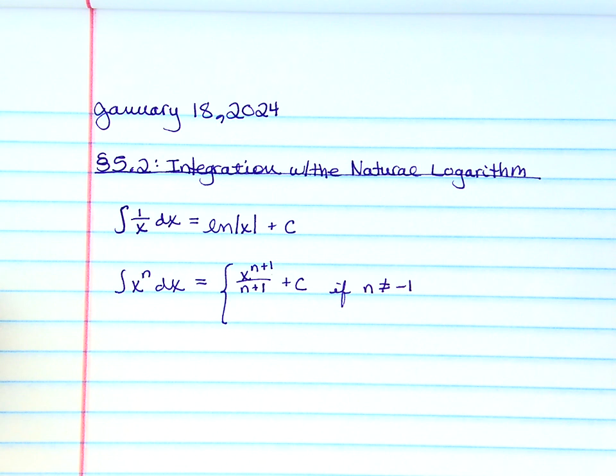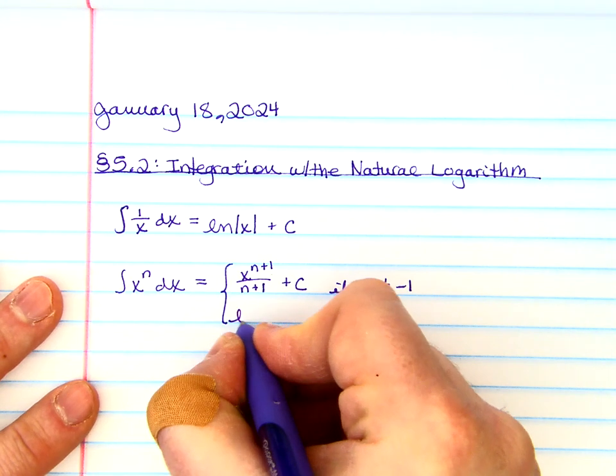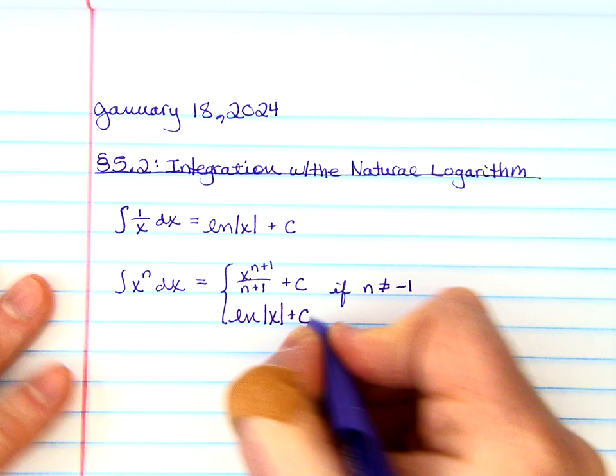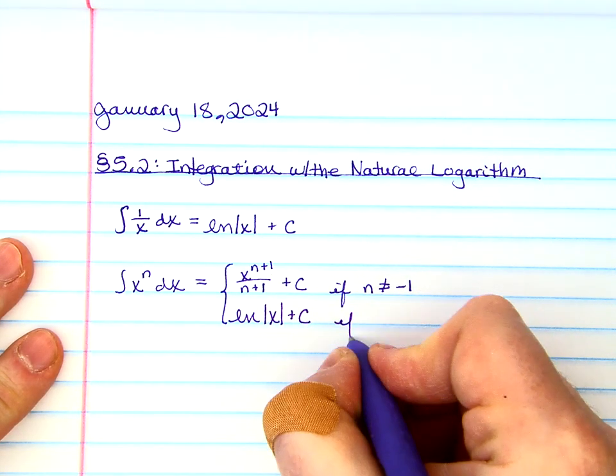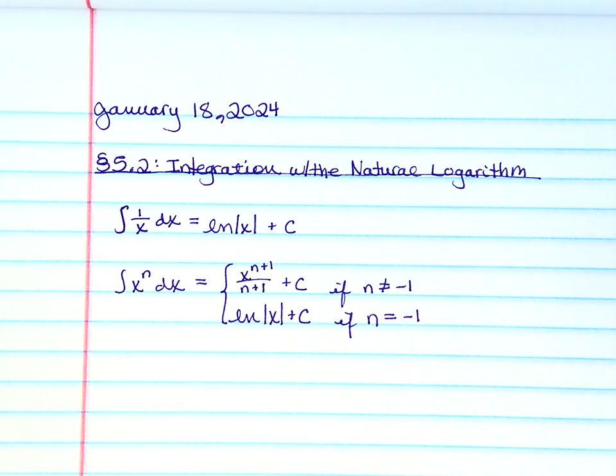That's our normal power rule. Add 1 to the power, divide by the new power. And if the power is -1, that's where we're going to get our natural log of the absolute value of x plus c from. So please make sure you have those two rules in your notes.